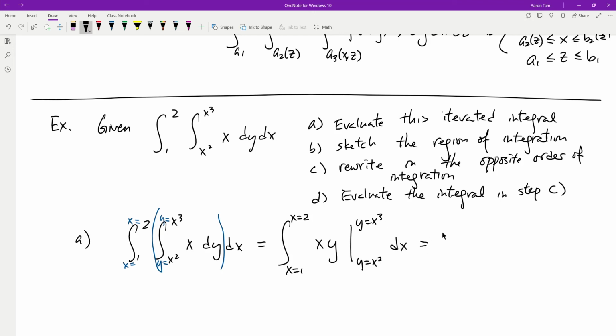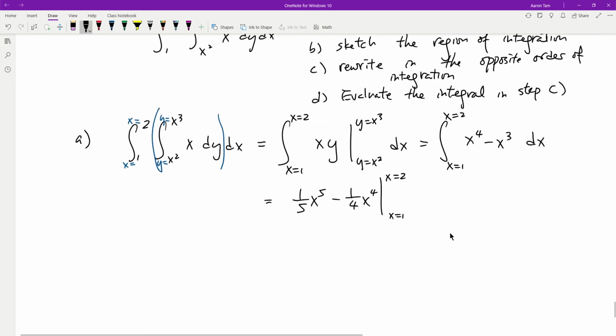So that's pretty easy. So that just basically integral from x from 1 to 2, x to the fourth minus x to the third dx. And therefore integrate to 1/5 x to the fifth minus 1/4 x to the fourth, evaluate from x equal to 1 to x equal to 2.